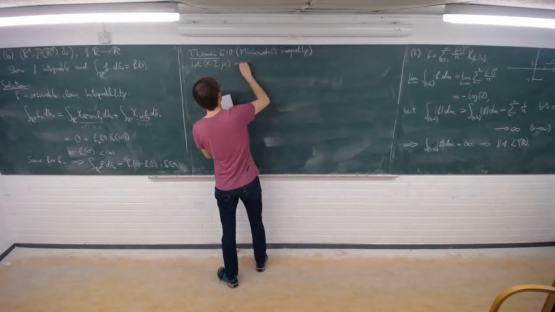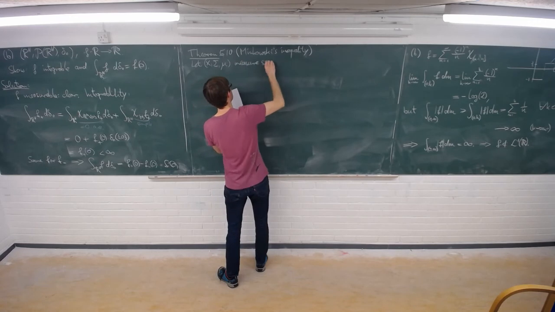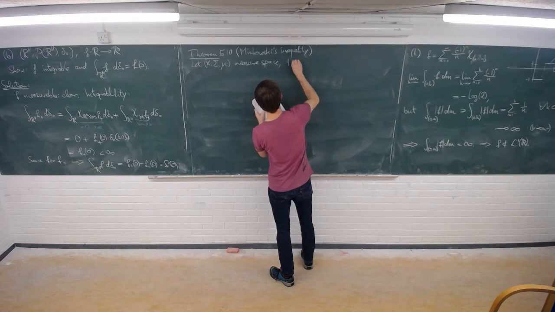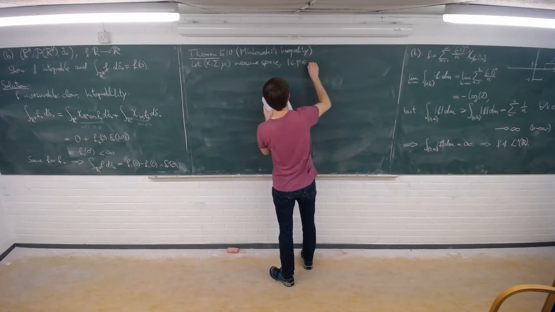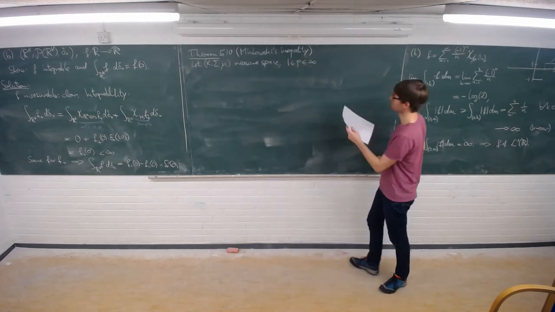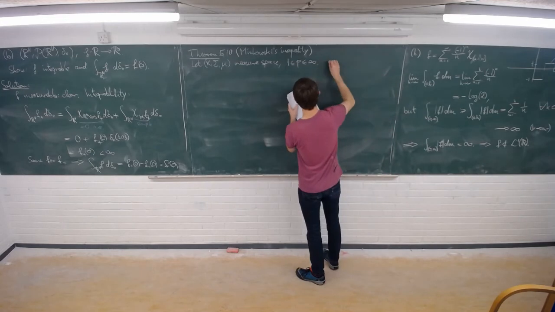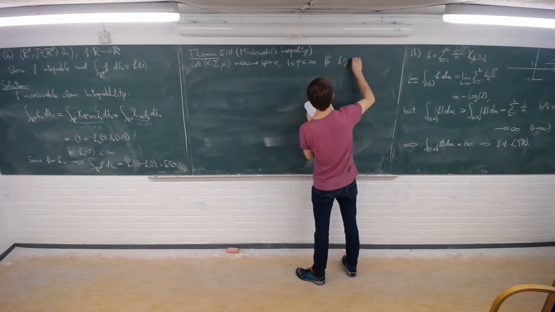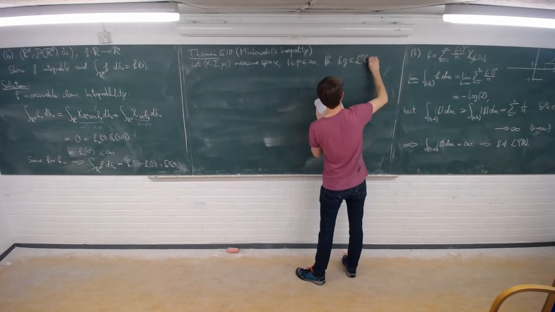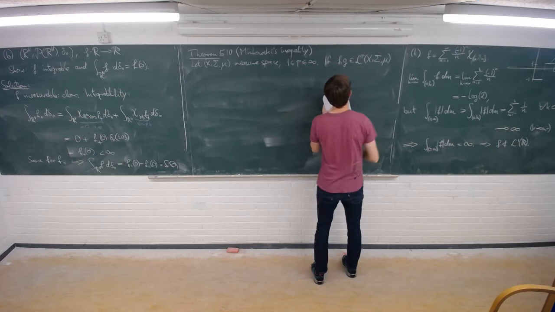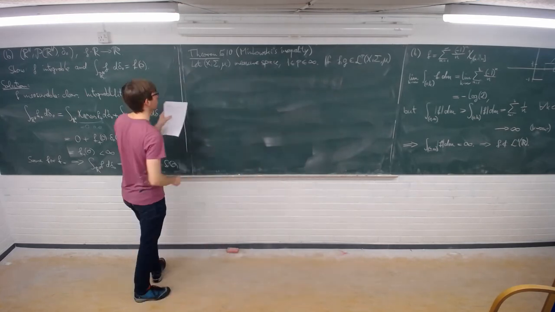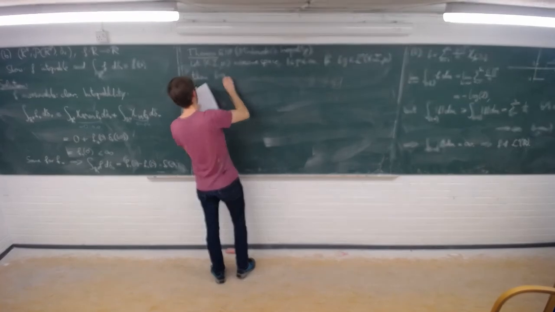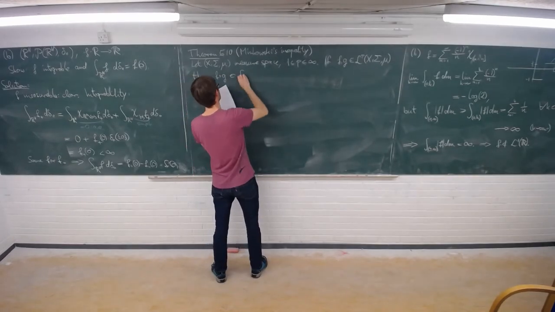Okay, and the statement is, start with the measure space x, sigma, mu, and let p be between 1 and infinity. Then if f and g are functions in L^p of x, sigma, mu, then f plus g is in L^p.